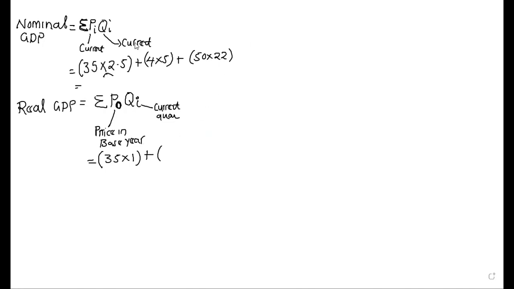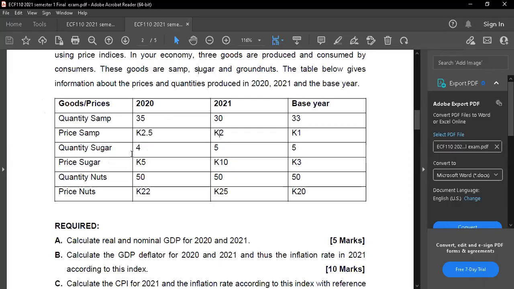We go for the other product, which is sugar. What's the quantity of sugar? It's 4 in 2020, right? Times the price of sugar in the base year, which is 3. So the price is 3 in the base year.